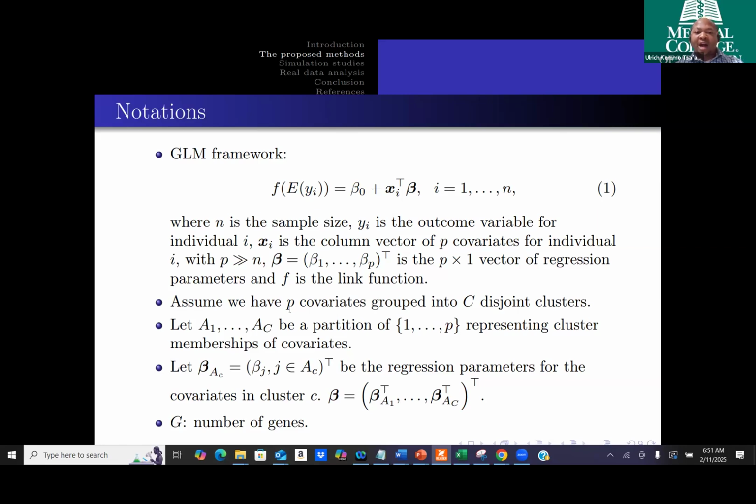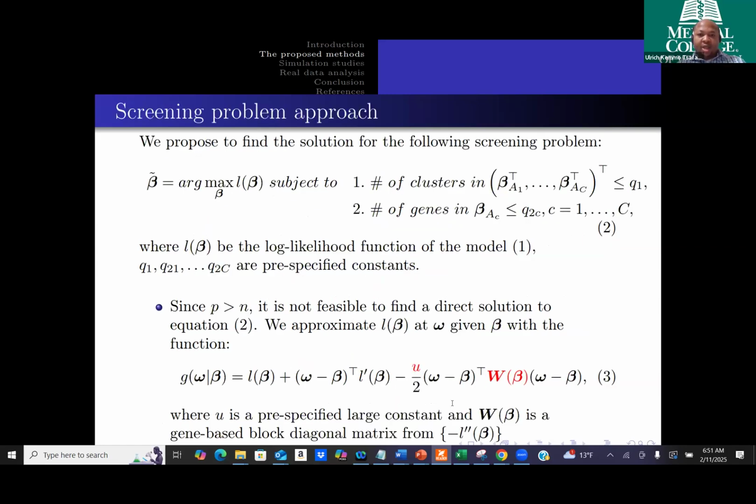We assume that we have p covariates that are grouped into capital C disjoint clusters, indexed by A1 to AC, which is a partition of 1 to p. Without loss of generality, we can assume that the regression parameters are stacked in order: first the regression parameters for the first cluster, then for the second cluster, and so on. You assume that you have capital G genes.